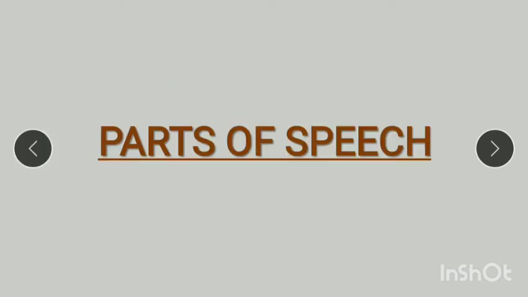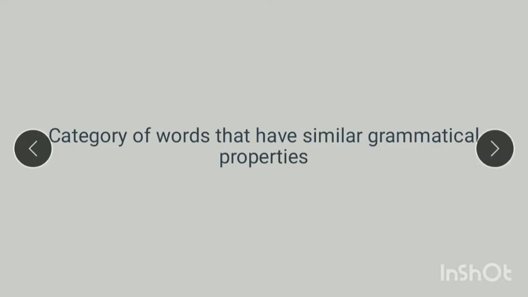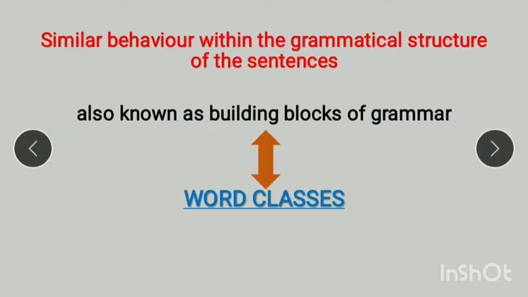In traditional grammar, a part of speech is a category of words that have similar grammatical properties. Words that are assigned to the same part of speech generally display similar behavior within the grammatical structure of sentences.